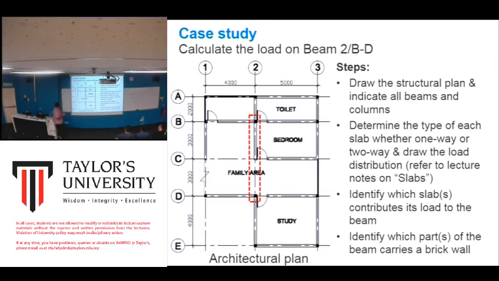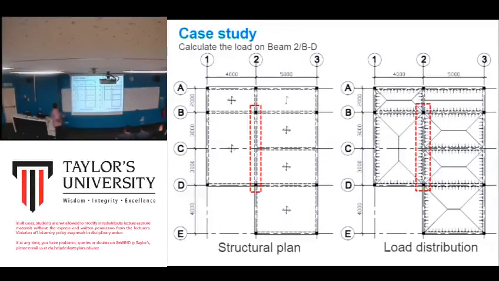This is the beam, with support A and support B, and on top of it we have a brick wall. Next to the beam are these two slabs. If we convert it into a structure plan layout, it will be something like this. Is this one one way or two way?